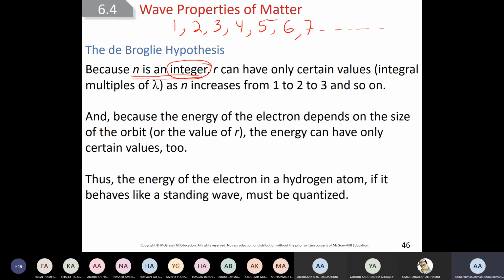As I said, the most important thing is to know the de Broglie equation. Tell me what's the equation now. It's de Broglie again. What's the equation? 2πr equal to nλ. And you should know everything. 2πr, what's 2πr? One more time.